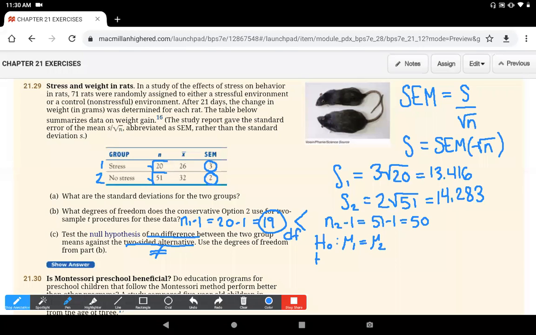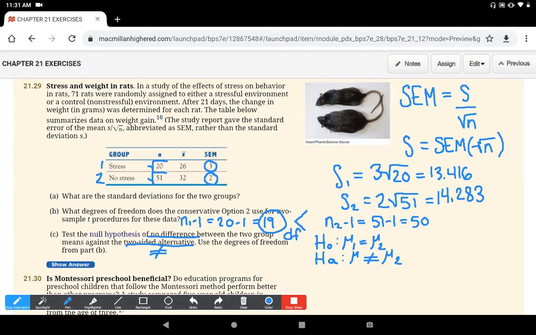And our alternative hypothesis is two-sided, therefore not equal to. The alternative hypothesis is there's a difference, right? They're not equal.